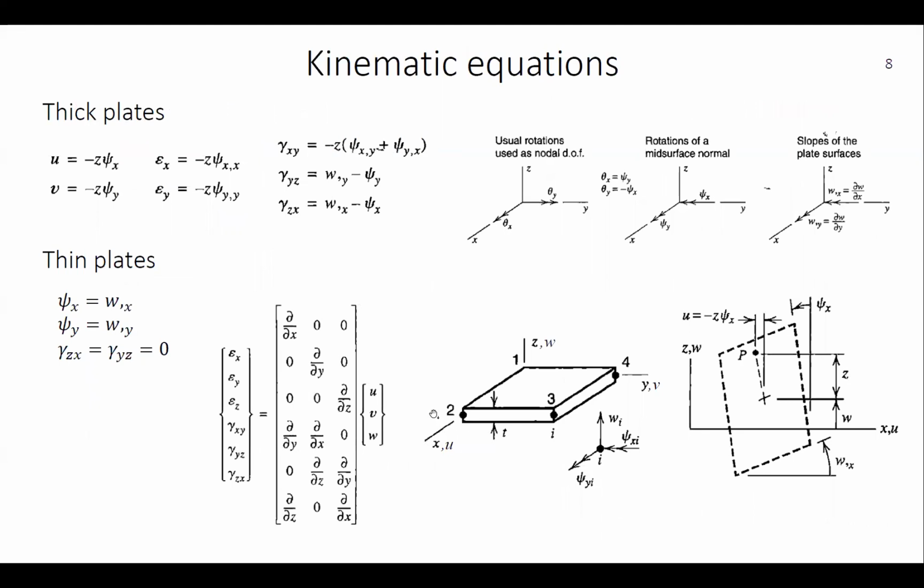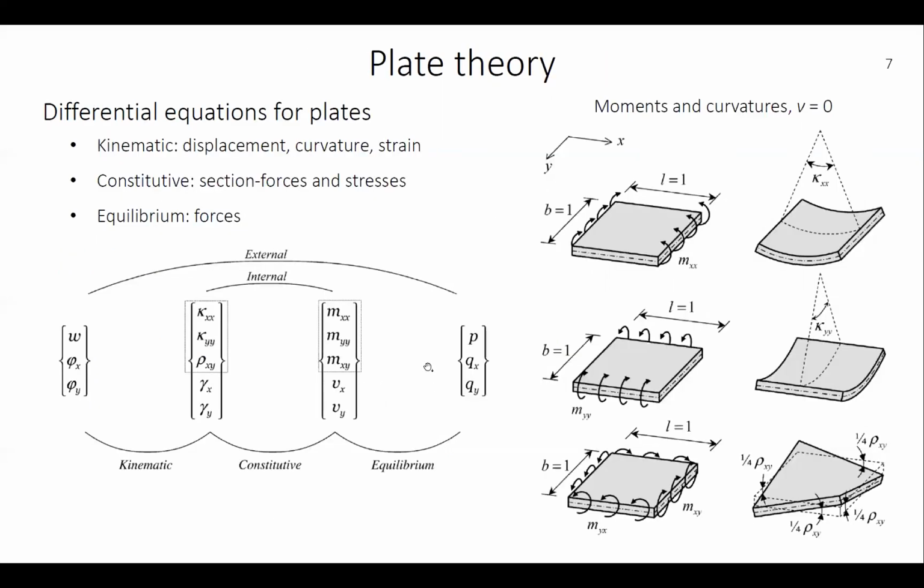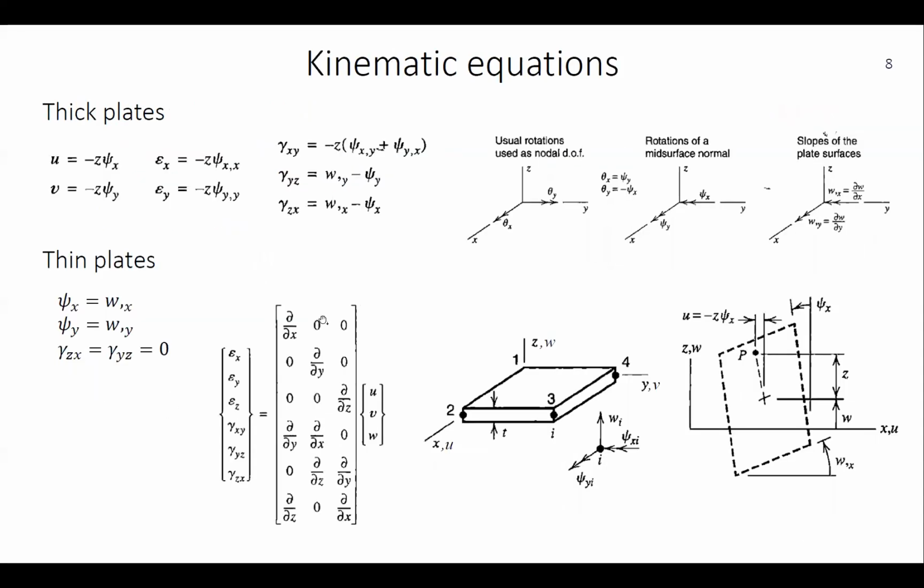Then we go to the kinematic equations, again, which were in the very beginning. And this figure is also taken from the book. We now have the z axis upward, and the plate lies in the xy plane, having displacement u and v, and thickness t.